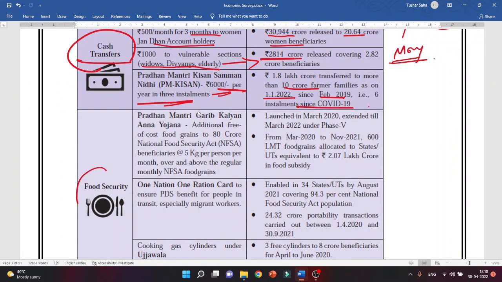Now let's see the food security. Some changes were made to the Pradhan Mantri Garib Kalyan Yojana: One Nation, One Ration Card. Why One Nation, One Ration Card? Because let's say a laborer from Bihar is working in Mumbai, Maharashtra. He can't use his ration card because it was given by the government of Bihar, which he can't use in Maharashtra.